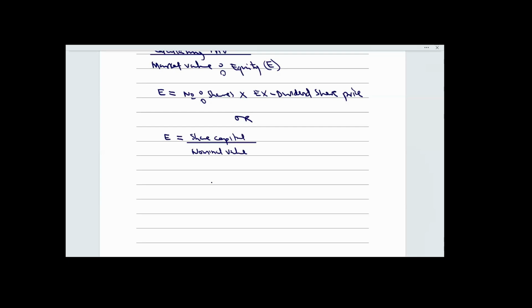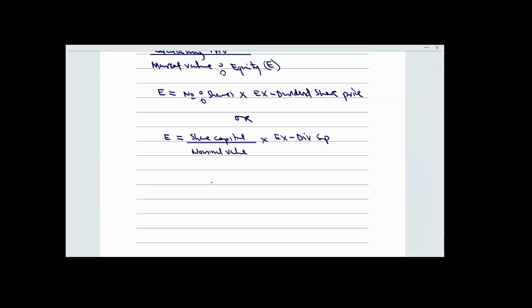The nominal value is the same thing as face value, book value per share, or par value. Then multiply by the xdiv, ex-dividend, share price. All those concepts I explained when we had cost of equity, you have to apply here, because when you are calculating market value of equity, you are expected to multiply the number of shares by the xdiv share price.